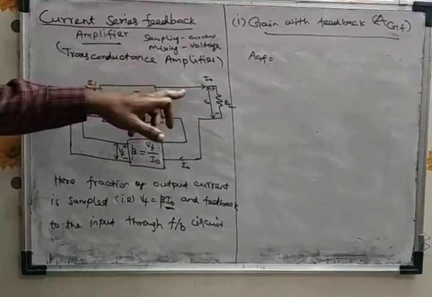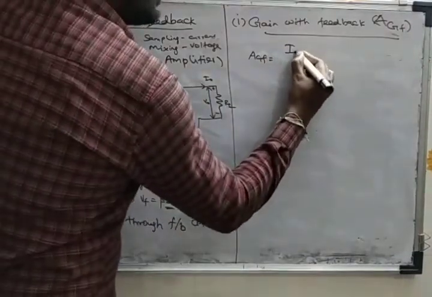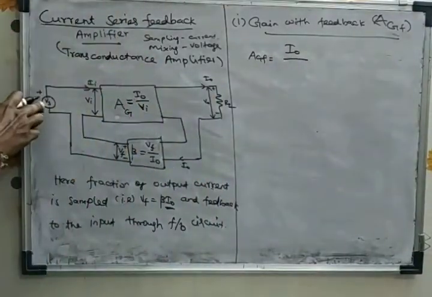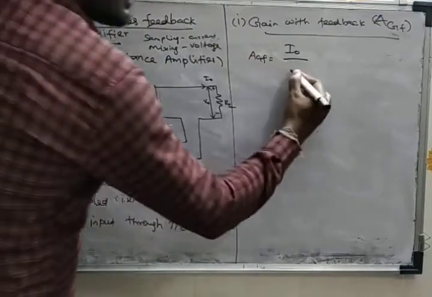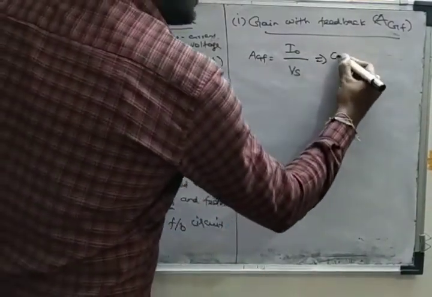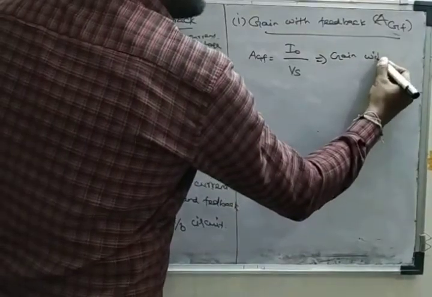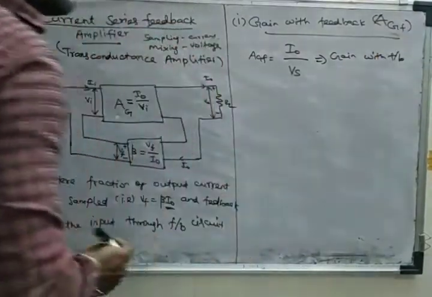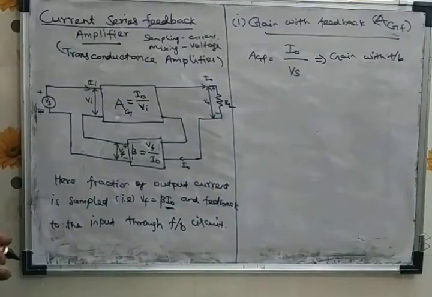So I0 to the input voltage Vs. I0 by Vs, gain with feedback. So that is the transconductance gain with feedback.